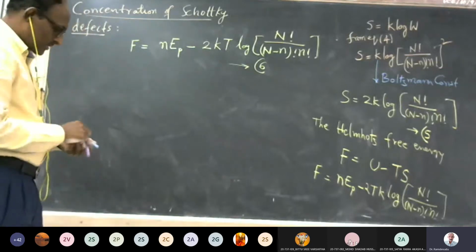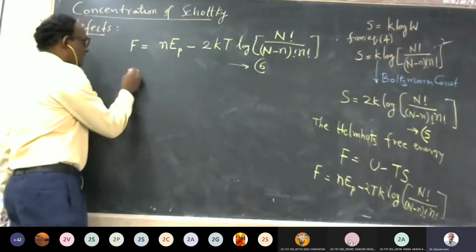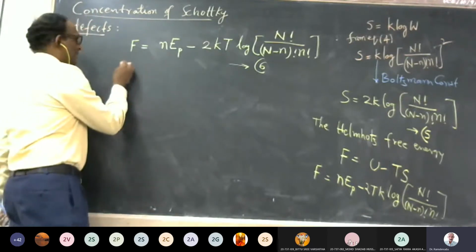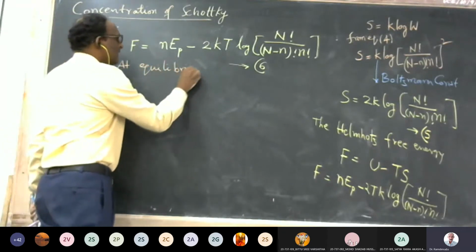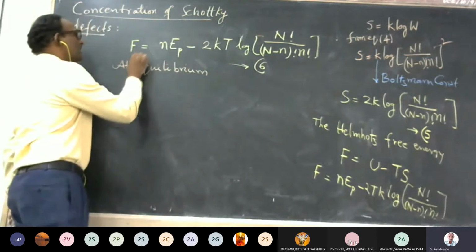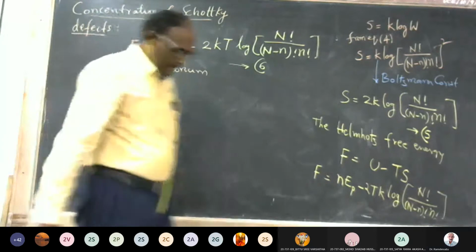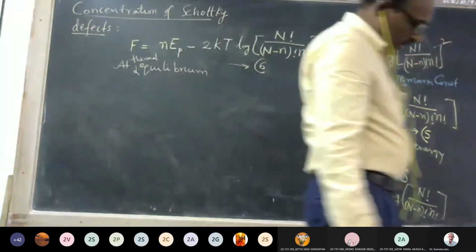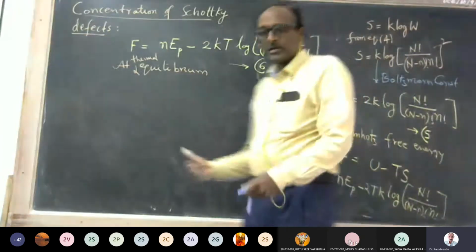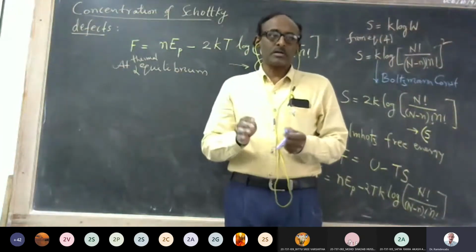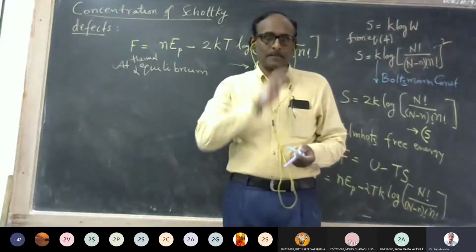Now, as one of you said, what happens at equilibrium? Here equilibrium means thermal equilibrium at a given temperature. Suppose you know that vacancies or Schottky defects are formed either during the manufacturing or crystallization process or due to thermal energy.